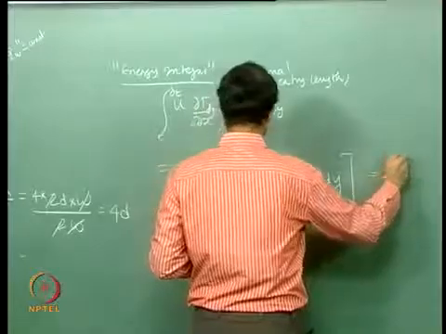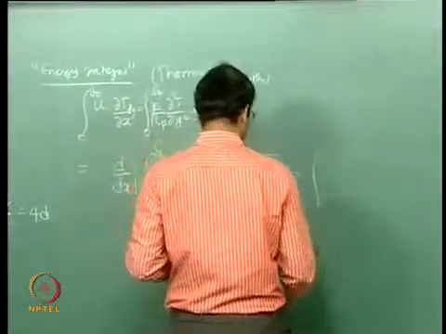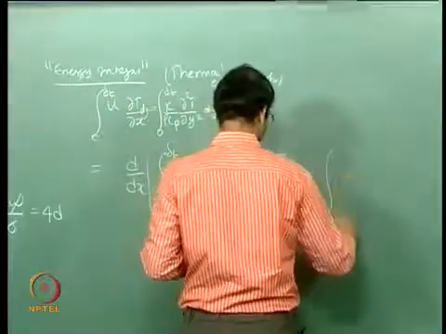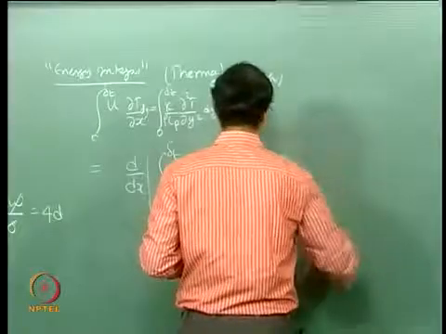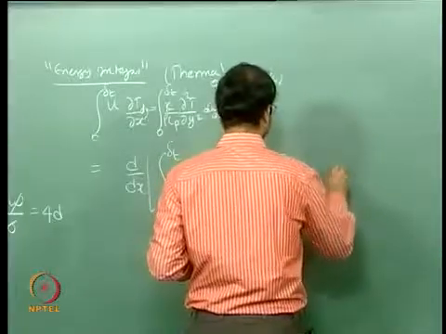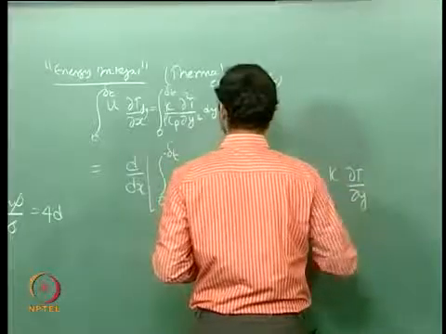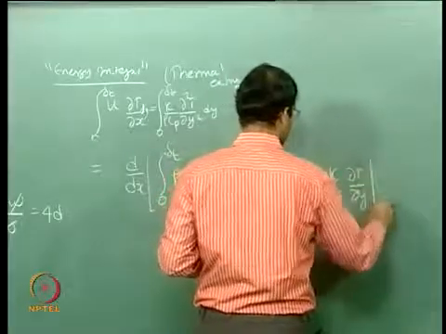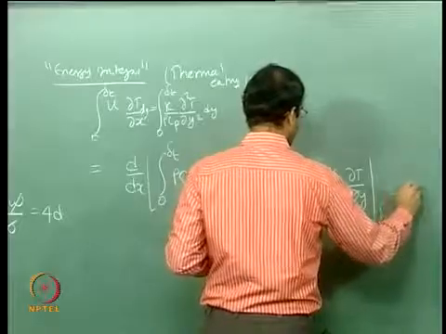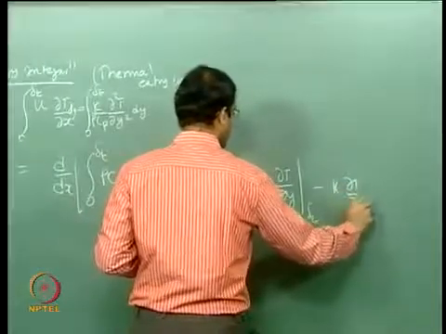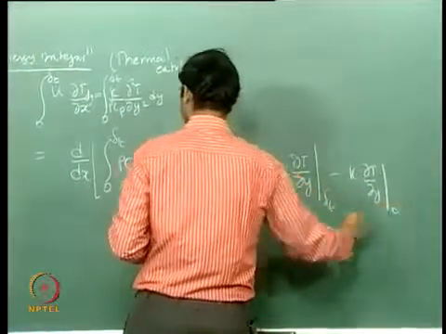should be equal to the integral of d square T by dy square. So that is basically k dT by dy between the limits 0 and delta t. So this is at delta t minus k dT by dy at 0.